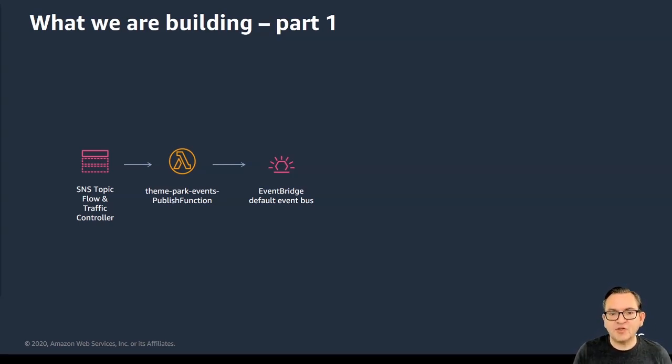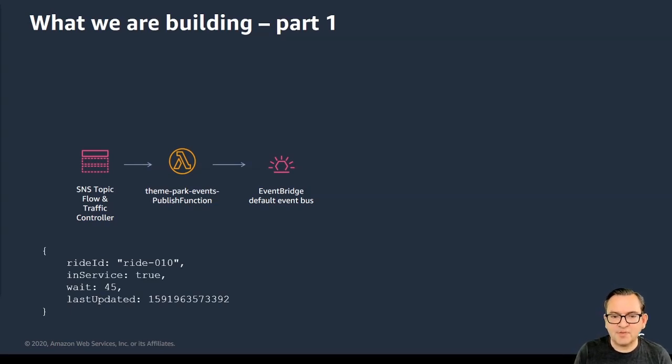Well, in this section, we'll first publish the ride wait times and the outage messages to EventBridge. The ride wait time message is simply JSON, and it looks like this. You might remember this from seeing it in the console when we looked in the browser. We're going to create a new Lambda function that's invoked by this SNS topic, and it'll then put this message onto the default event bus in EventBridge.